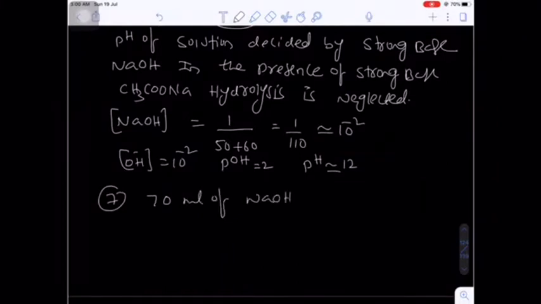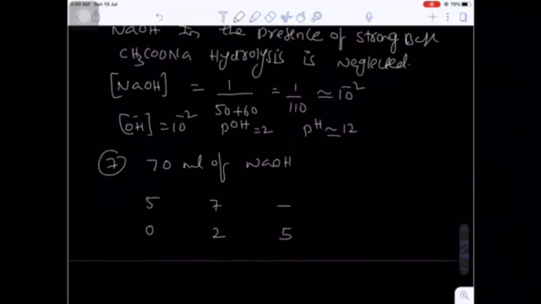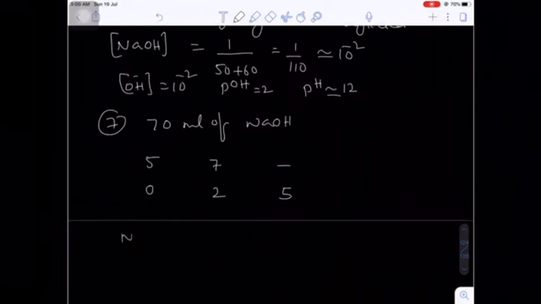And one more is given: 70 ml of NaOH added. That means here 5 millimoles of acetic acid and 7 millimoles of NaOH. So 5 millimoles of acetic acid is completely consumed. Out of the 7 millimoles, 5 millimoles react with acetic acid and 2 millimoles of NaOH will be present, and 5 millimoles of salt will be present.